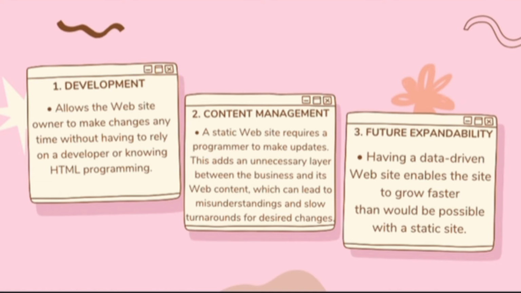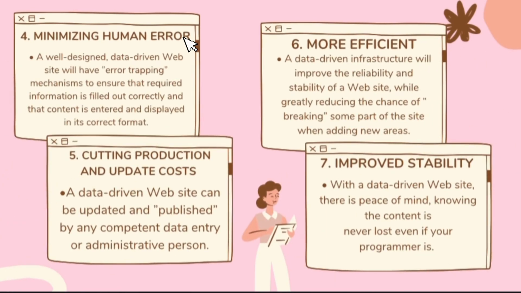Having a data-driven website enables the site to grow faster than would be possible with a static site. Number 4, minimizing human error. A well-designed data-driven website will have error-trapping mechanisms to ensure that required information is filled out correctly and that content is entered and displayed in its correct format. Number 5 is cutting production and update costs. A data-driven website can be updated and published by any competent data entry or administrative person.